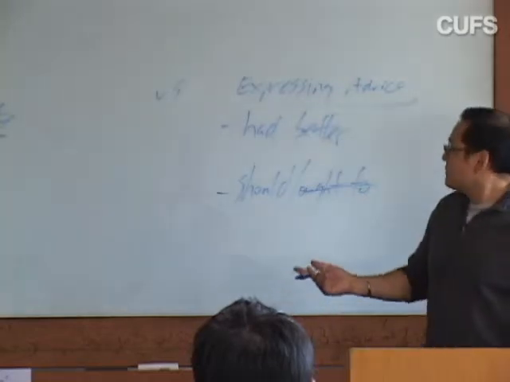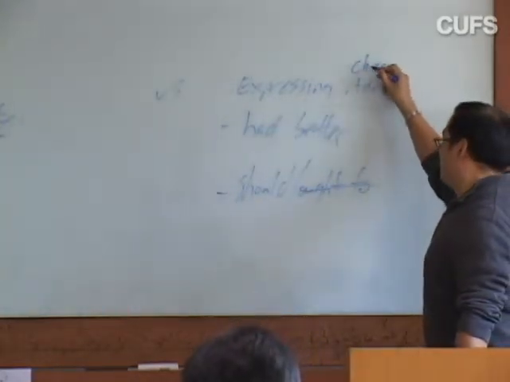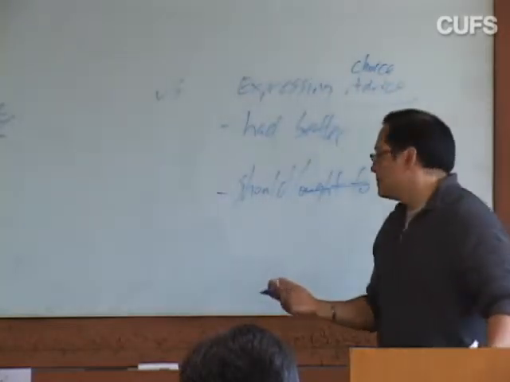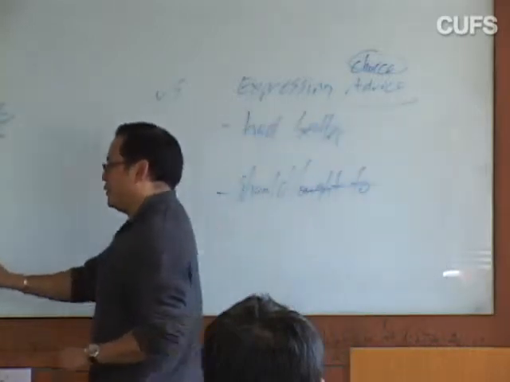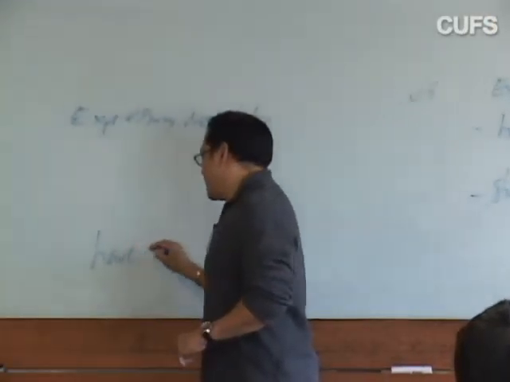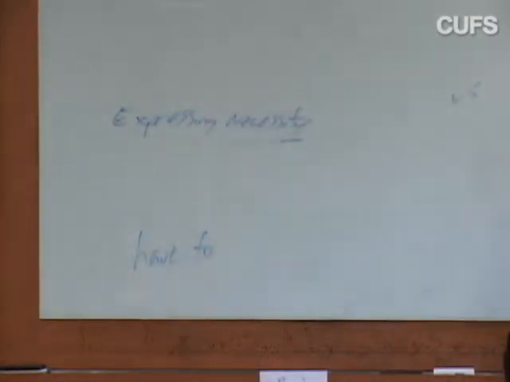So should. Because this is expressing advice, it means you have a choice. That's one of the key differences. If you were to ask me about dinner, Reggie, would you like to have dinner tonight? Oh, yes, but I have to work. Sorry.